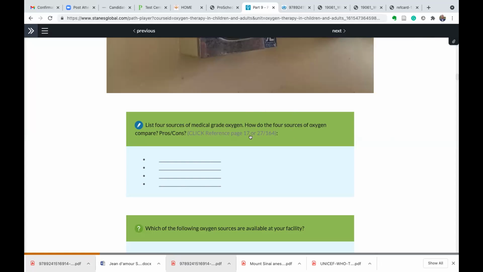So people are very quiet. What sources of oxygen do we have? Okay, Eugene is saying they have oxygen concentrator, mirror oxygen, and oxygen cylinder. That's good. And Gabriel also has an oxygen plant. Very good.